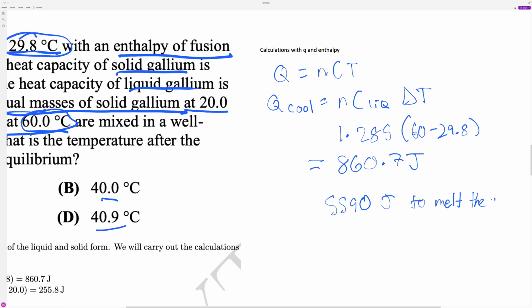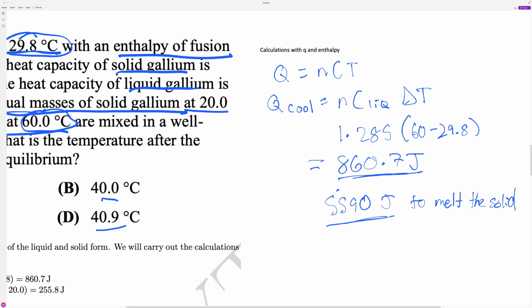So you can see here there's absolutely no way the solution is going to go over the melting point, because this value is significantly higher than this value. Considering that the cooling liquid is the only source of heat, the only heat that's coming to this solution is not enough to actually melt the solid. So it's going to stay at the melting point.